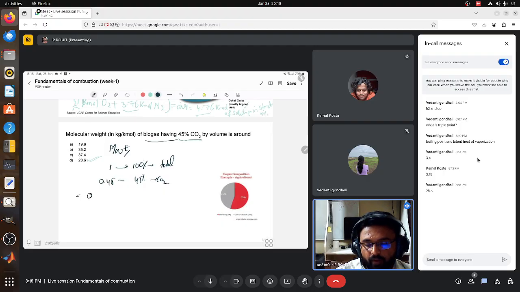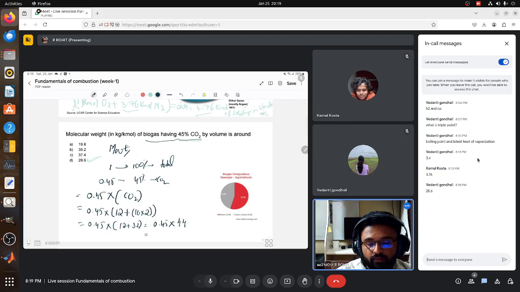So for 0.45 kilomoles of carbon dioxide, to calculate the molecular weight, it is the number of moles times the molecular weight of CO2. So 0.45 times, carbon has a mass of 12 plus oxygen has 16 as its value, and you have two of them here. So it will be 0.45 times (12 plus 32), which is 0.45 times 44.